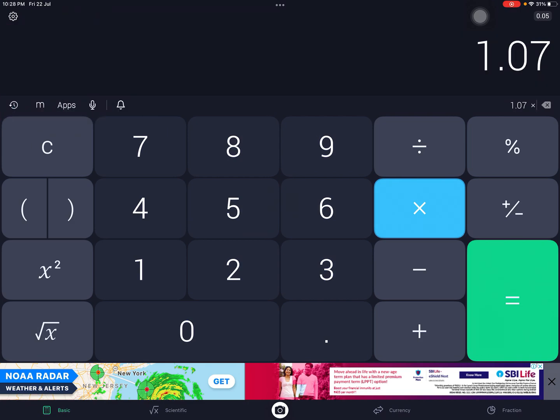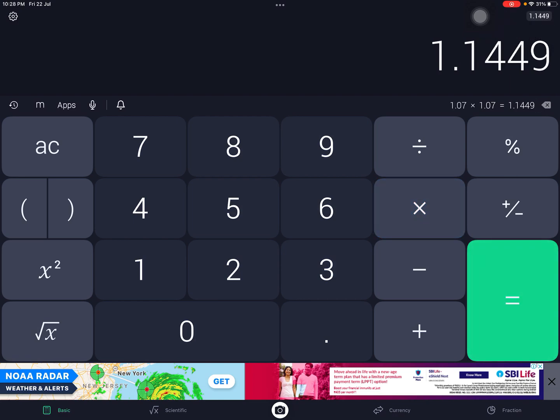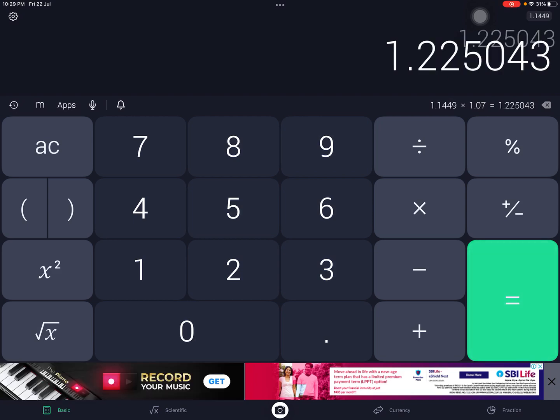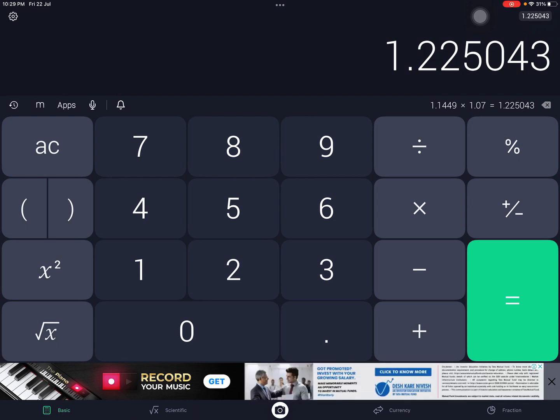So I cannot keep on doing that. So what I am doing, 1.07 into, then when I click is equal to, this is 1.07 into 1.07. I want 4 times, right? So I'll click is equal to again.